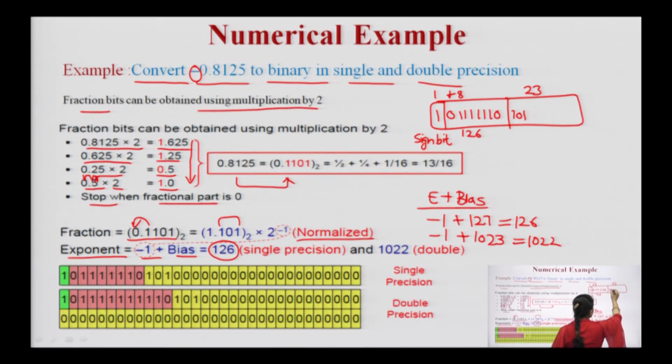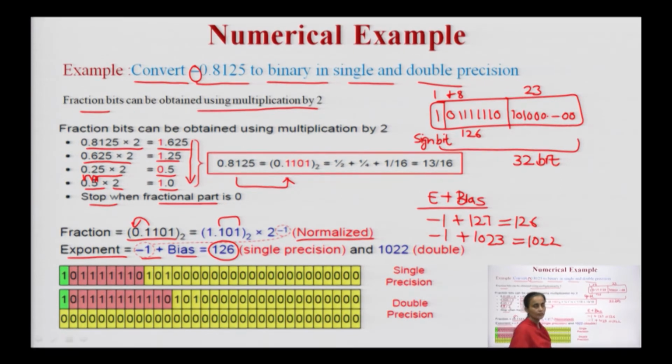So, 3 bits I have written, and I will append 20 zeros to this number. So, this will become my single precision 32-bit number. This is how I convert any given number into a single precision number, and into double precision numbers.